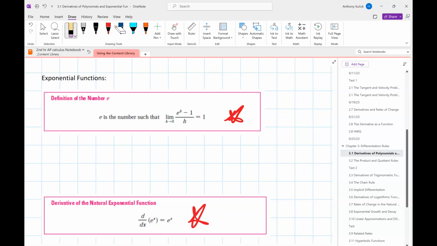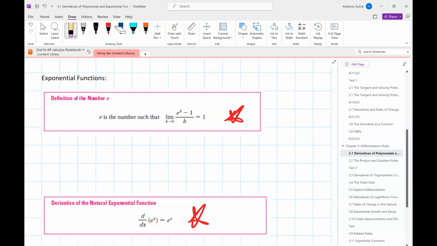But the second one, this derivative shortcut, is absolutely one that you'll use a ton. It's just the derivative of e to the x is e to the x. Specifically e to the x. The derivative of 2 to the x would not be 2 to the x. We'll talk about what it is later.